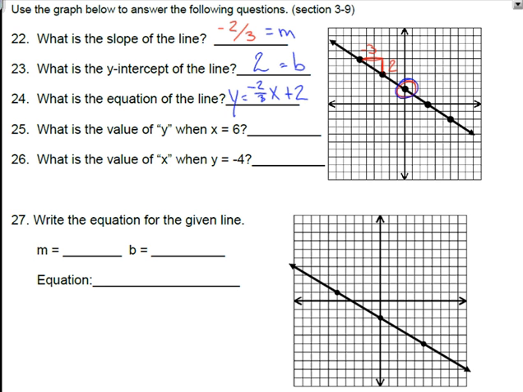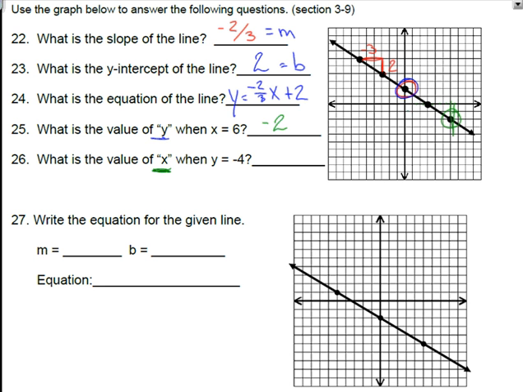What is the value of y when x equals 6? Well, I go over here to where x equals 6, 1, 2, 3, 4, 5, 6, and then I go down, it would be negative 2. Here it says, what is the value of x this time when y equals negative 4?